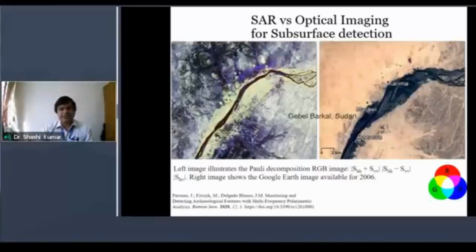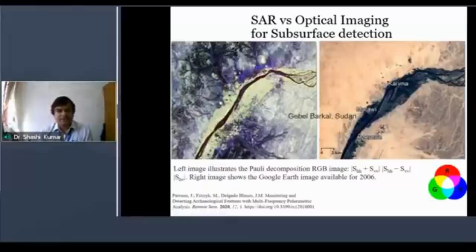So here one can see this is the optical multispectral view of one of the study areas, in Sudan. Here one can see the golden color sand and soil information easily.